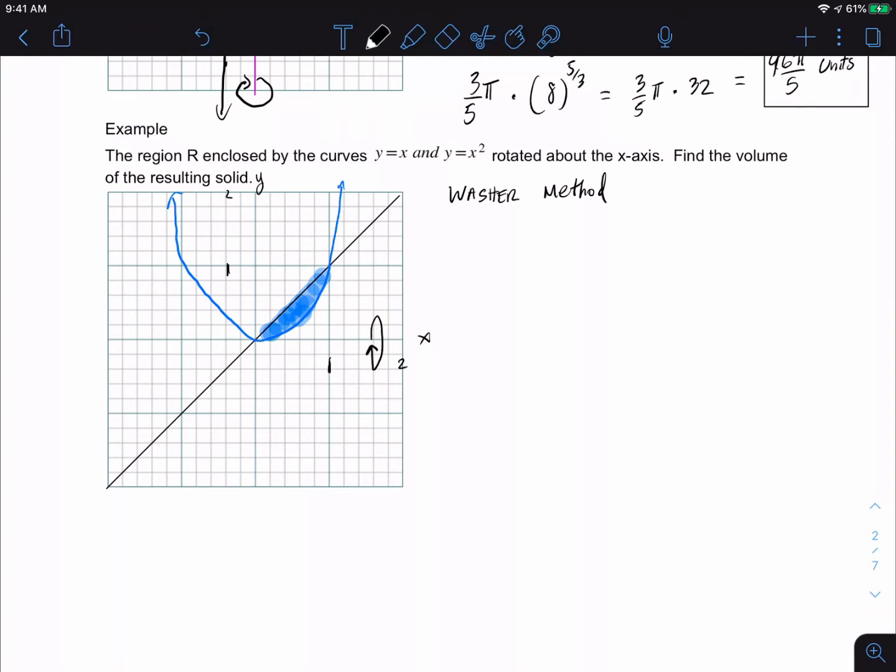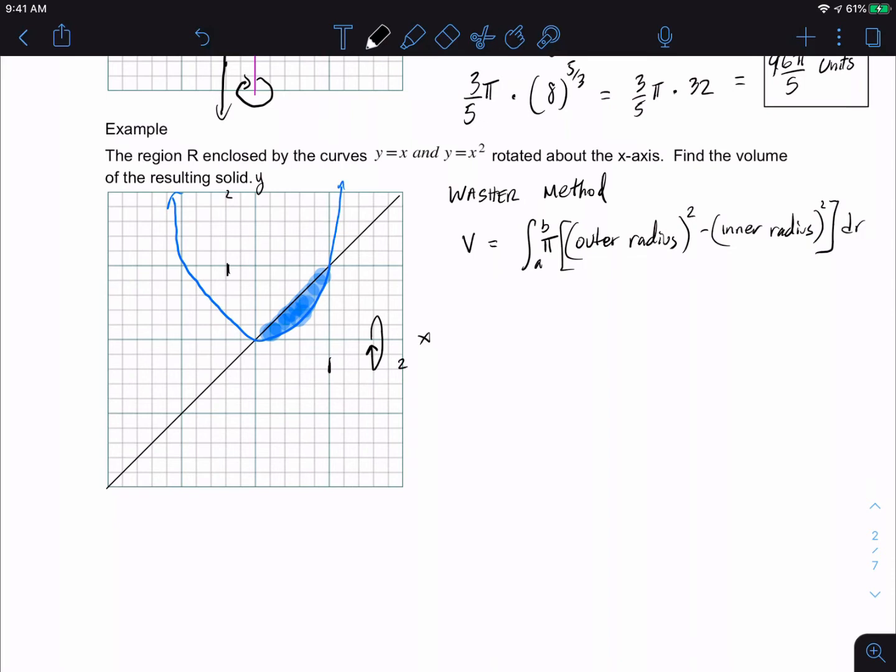Now, the washer method, the formula for it is going to be this. The volume is the integral from a to b of the outer radius squared minus the inner radius squared, and I'll call it dr since we're talking about radii, and then that multiplied by pi, right?